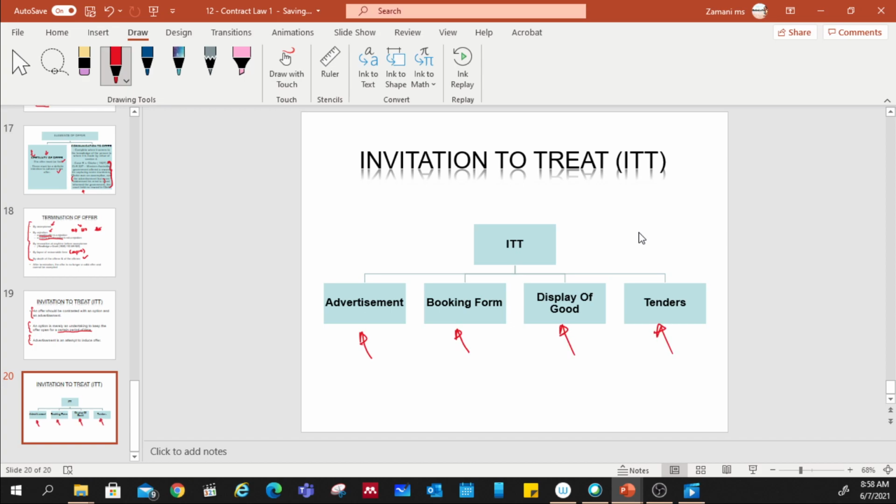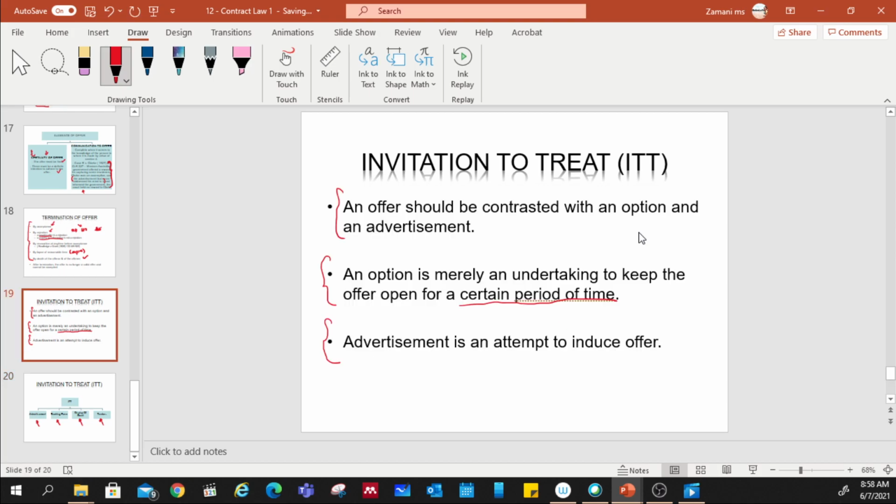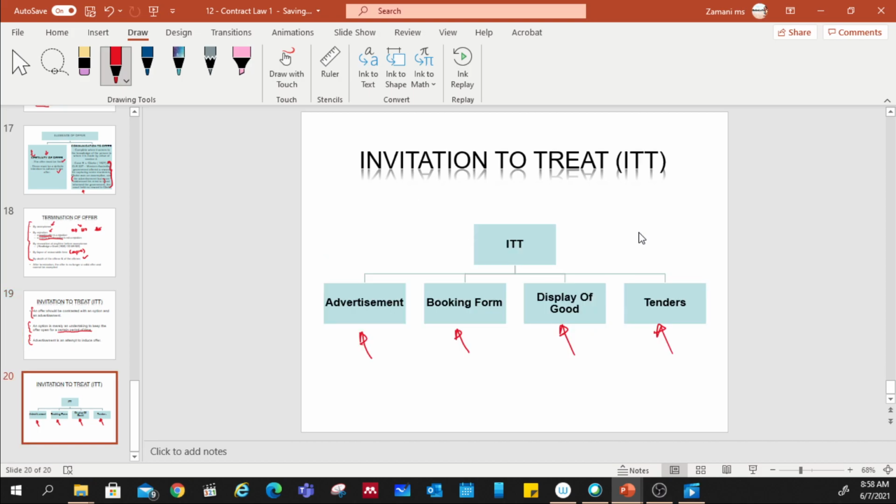This is invitation to treat. So an offer should be contrasted with an option, which is merely an undertaking to keep the offer open, and the advertisement is an attempt to induce the offer. So you have the advertisement, the booking form, display of the goods, and the tenders.